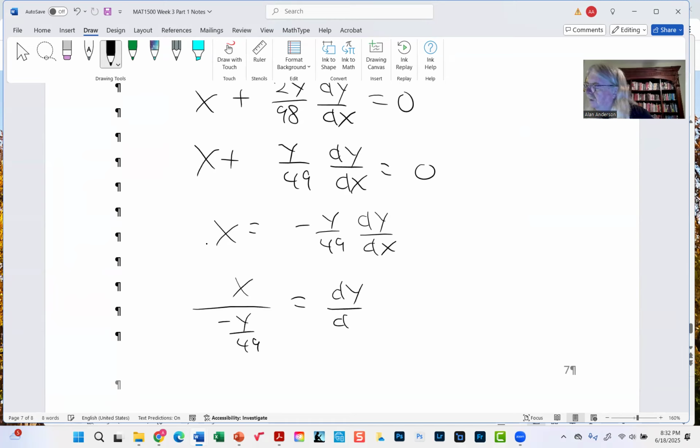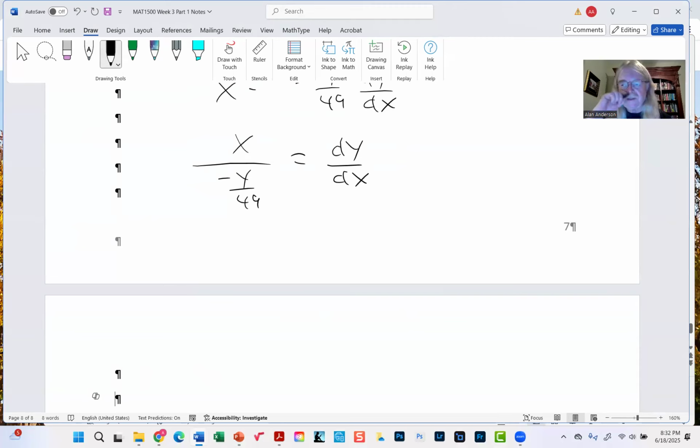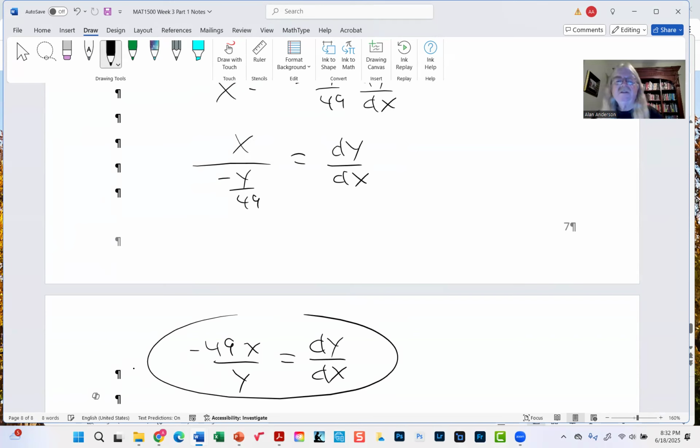And then we can rewrite this. Dividing by y over 49 is the same as multiplying by its inverse. So we'll end up with negative 49x over y. But they want us to solve for it when x is 1 and y is 7.